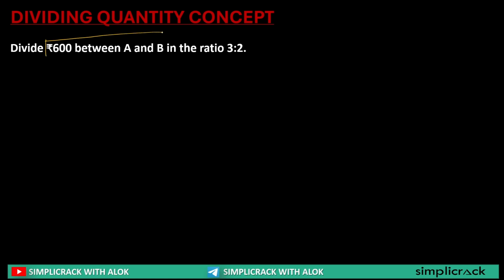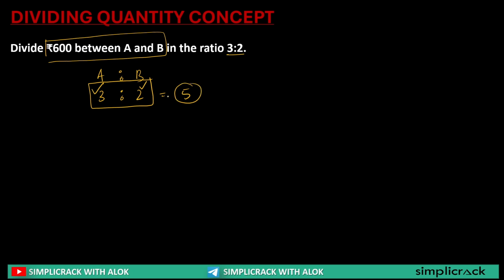Divide 600 between A and B in the ratio of 3:2. A to B, the ratio is 3:2. That means A will get 3 parts and B will get 2 parts. So how many parts will I have to make first? I will have to make a total of 3 plus 2, that is 5 parts. Because unless I make 5 parts, I can't give 3 parts to A and 2 parts to B.